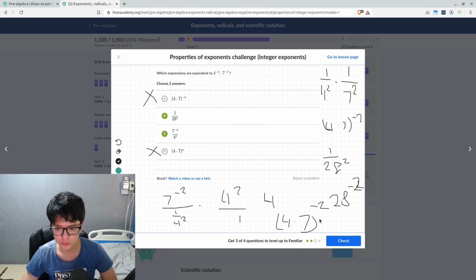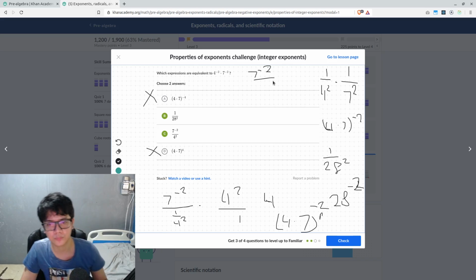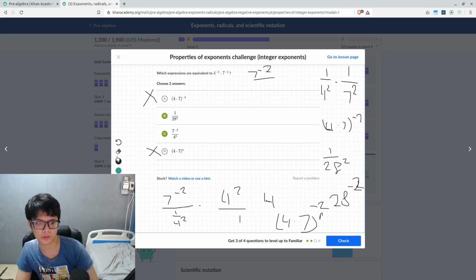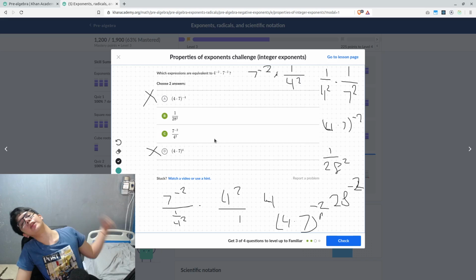So from this point we could do 7 raised to negative 2 over, what's this, times, it's multiplied actually, so multiplied by 1 over 4 raised to, oh my gosh, finally.